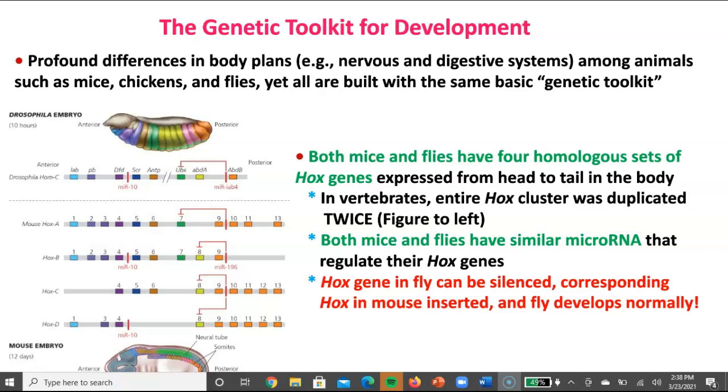So examples like this are testaments to our homology and how we have inherited these developmental genes from our common ancestors, and we use them in genetic toolkits to basically build our different kinds of bodies.